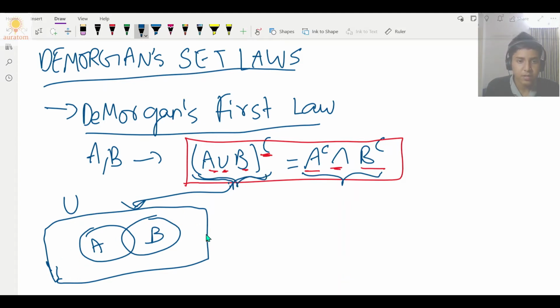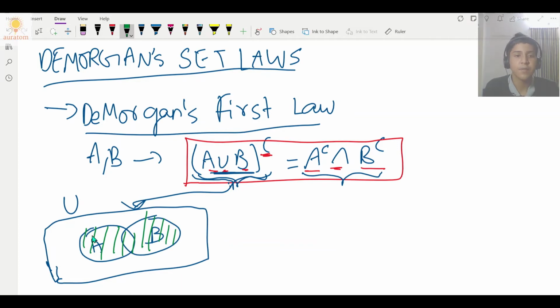Let's shade this whole part now in Venn diagrams. Let's first shade this part A union B, then we'll take the absolute complement of A union B. What is A union B in Venn diagrams? If you saw the second video, you will know that the shaded part of A union B will be this part, right? Why is that so?